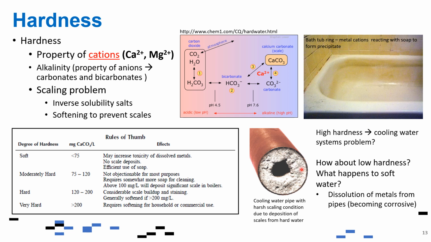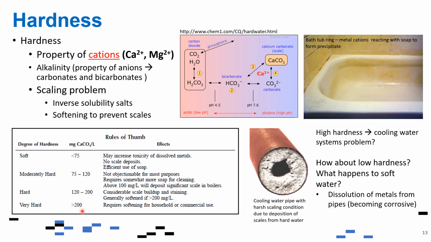And in the long term, if you continue using hard water, these scales will eventually close up, meaning the pipe is fully clogged and blocked. This will be a big problem if continuously used. That's why we need to know about the hardness of your water.